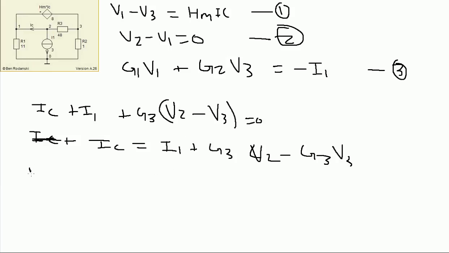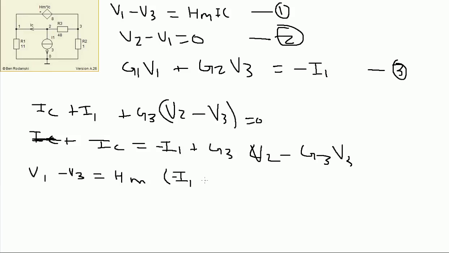So V1 minus V3 equals HM multiplied by I1. Oh, it's supposed to be minus I1. Whoops.